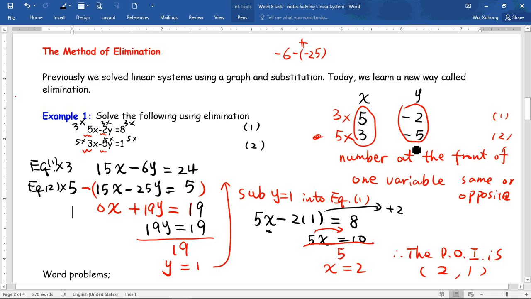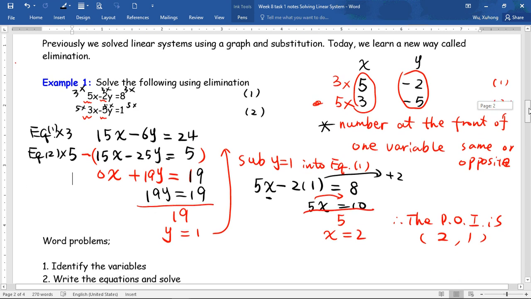And the idea here is you need to change both numbers at front of one variable same or opposite. And after that, you subtract the two equations you got. Then you will have one variable with 0 at front. Then you have only one variable left. We can solve it. Okay? This is the elimination method.